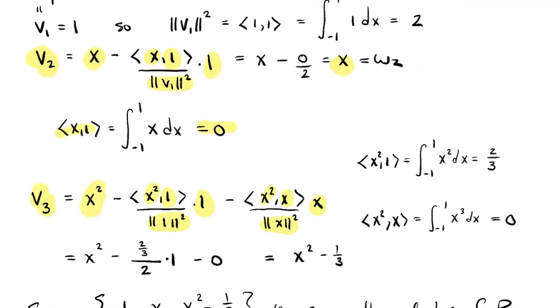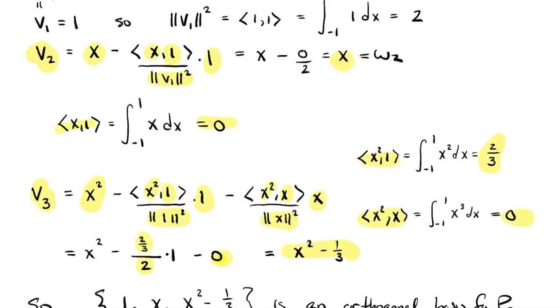You have to compute them as you go because to compute a new V, you need all the previous V's. Here I've done some side work. The inner product of x squared with 1 you can check is 2/3. The inner product of x squared with x is 0. So I'm just plugging that in, 2/3. We said the length of 1 squared above was 2. 0 divided by I don't care is 0. So there's our V3. It's x squared minus a third.